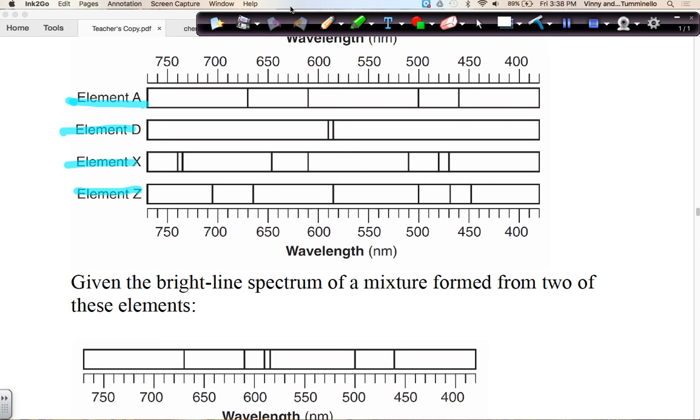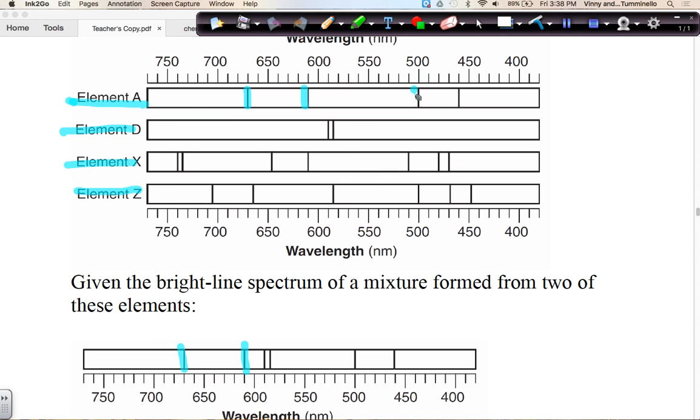Now, element A has its first line at 670 nanometers. I have a line at 670 nanometers in the mixture. Its next line is at 610, and the mixture has one at 610 as well.